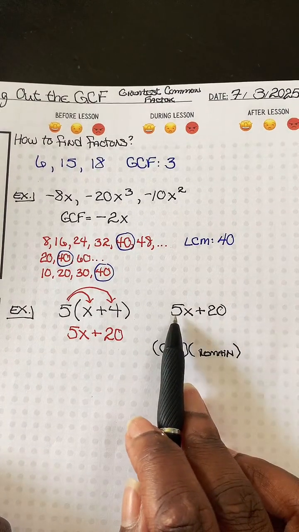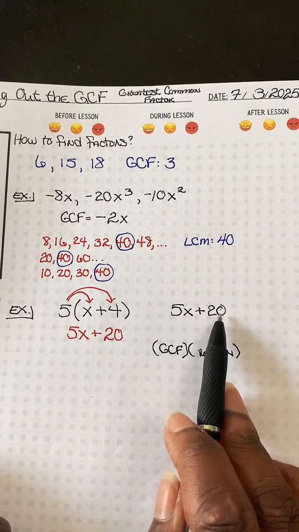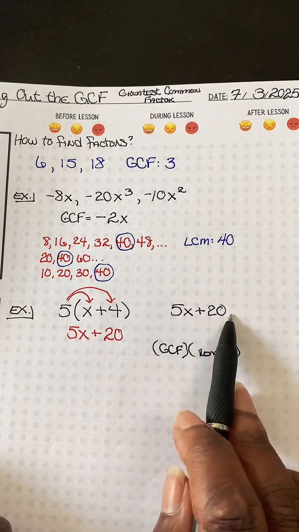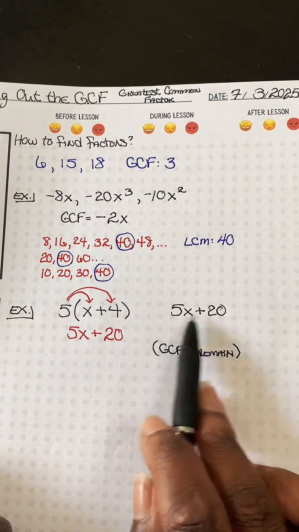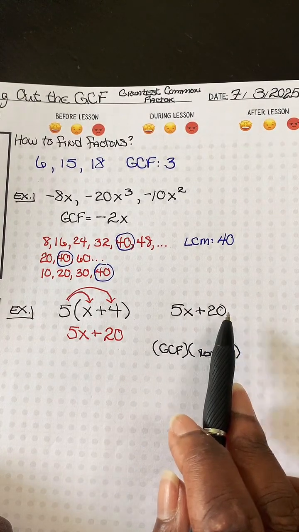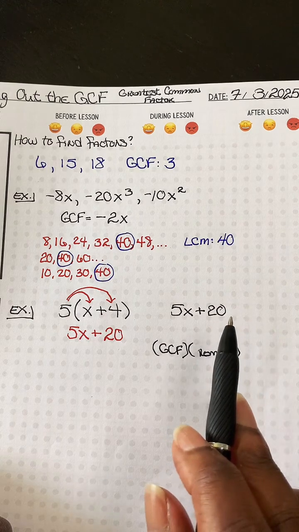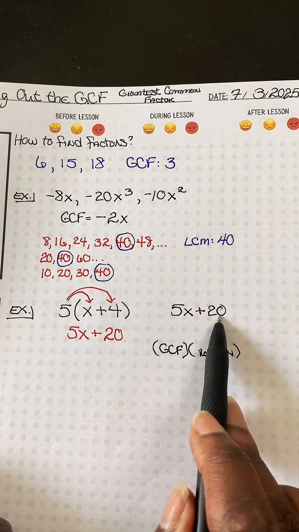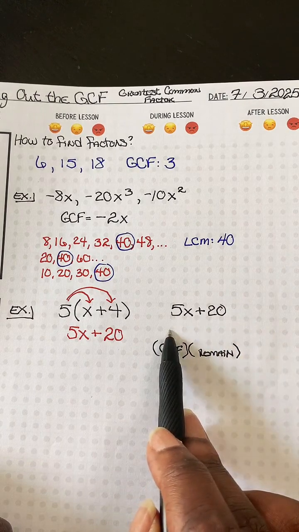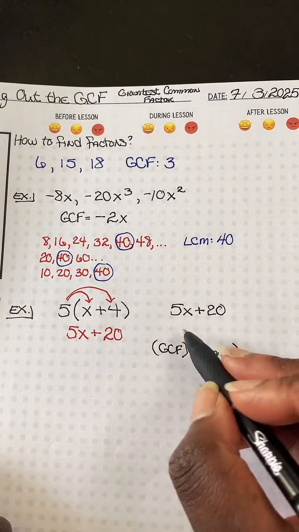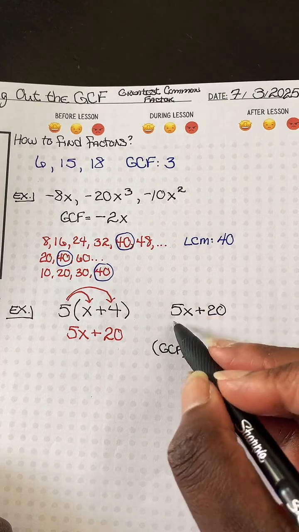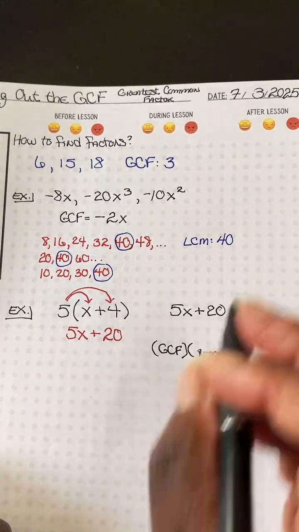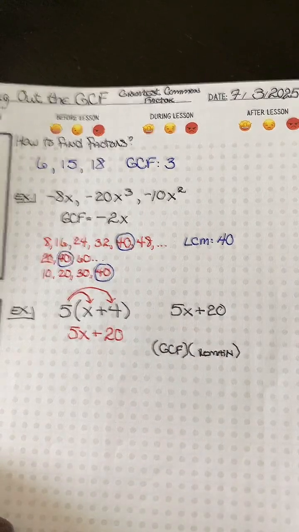So now, for the 5x and the 20, they're not like terms because 5 has an x and 20 doesn't. But they do have something in common. What they have in common is a 5. Let me write the factors up here.